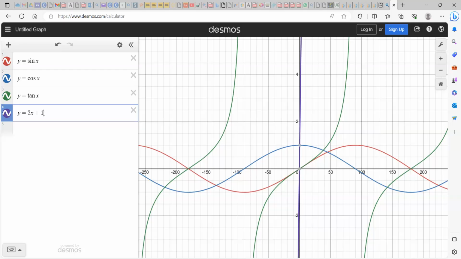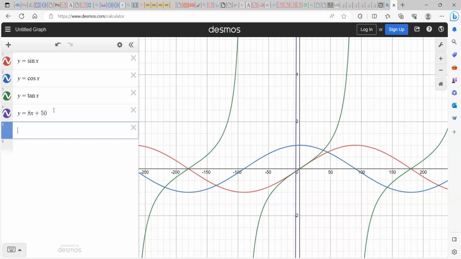The line will not show well because of the sine and cosine scale I'm using, but you can draw it in.